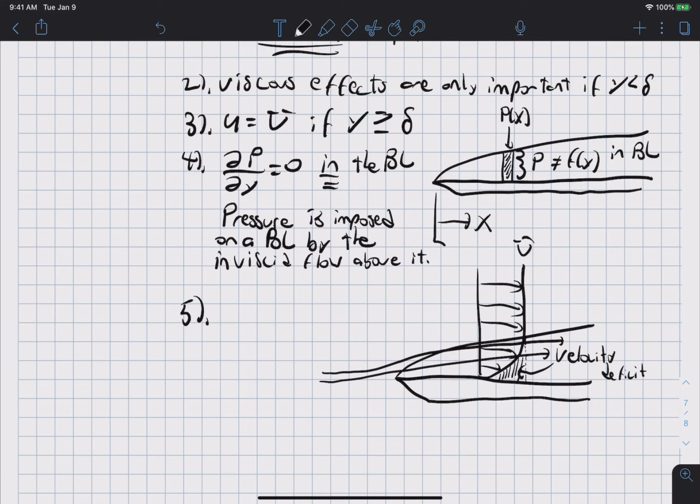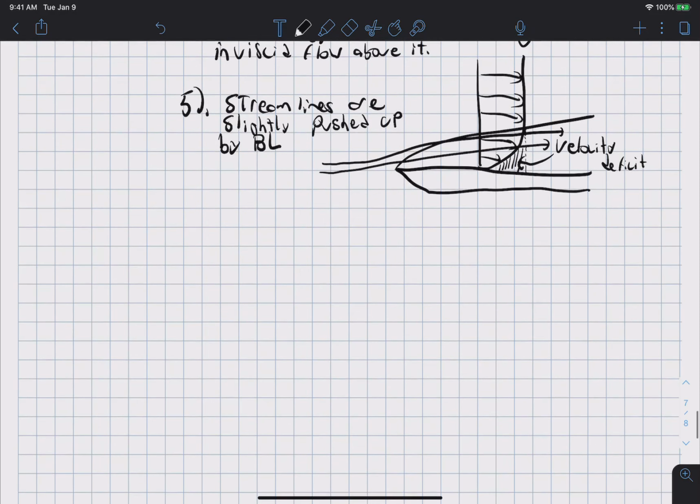So the streamlines are slightly pushed up by the boundary layer.